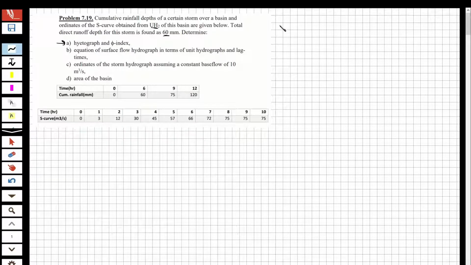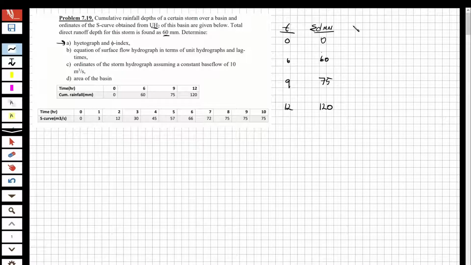So let's write it here. This is time: this is 0, this is 6, this is 9, and this is 12, right? So the cumulative rainfall is 0, 60, 75, and 120.